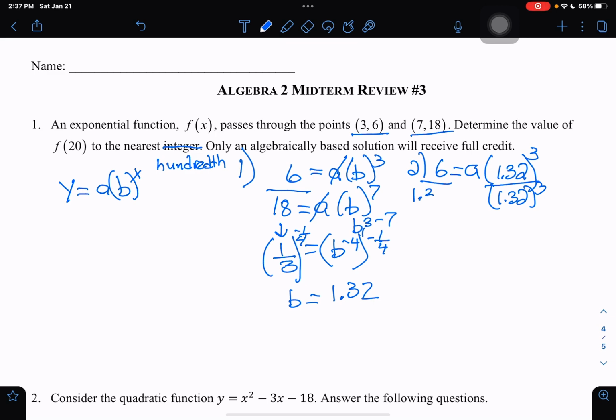So you put in 6 divided by 1.32 raised to the third power, and you should get a equal to 2.61.